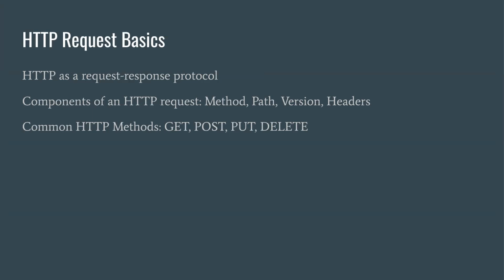One of the components is the HTTP method, and the HTTP method defines the action to be performed. And these actions are like get, post, put, delete, and the path to the resource, the HTTP version, and various headers providing additional information.